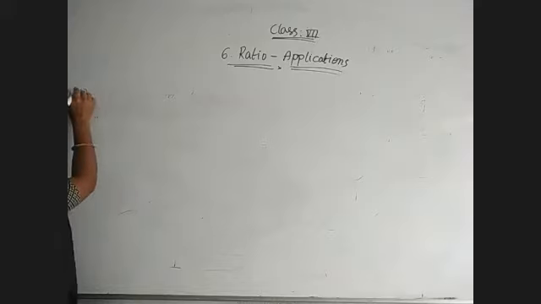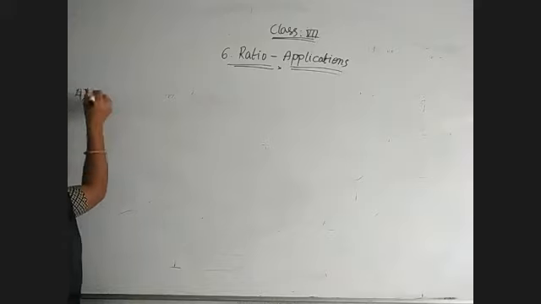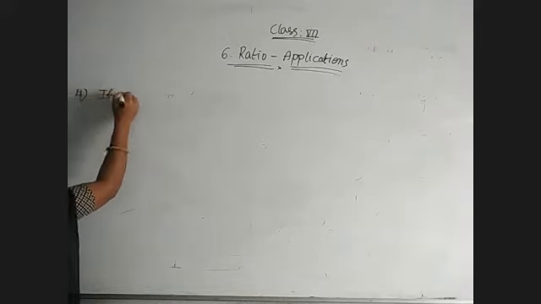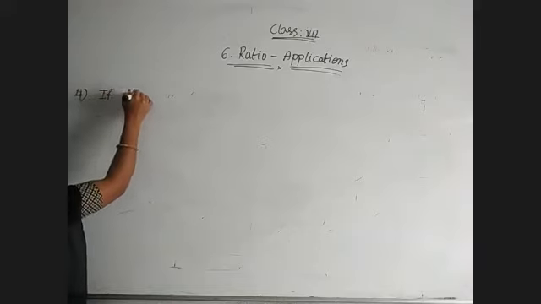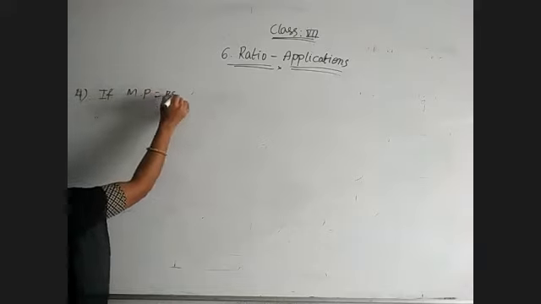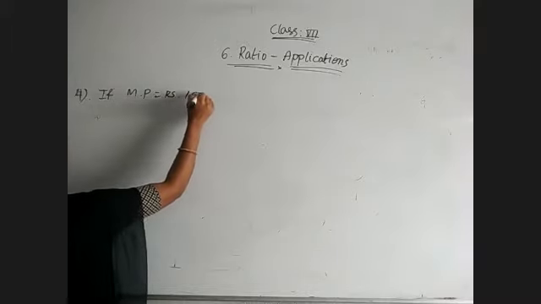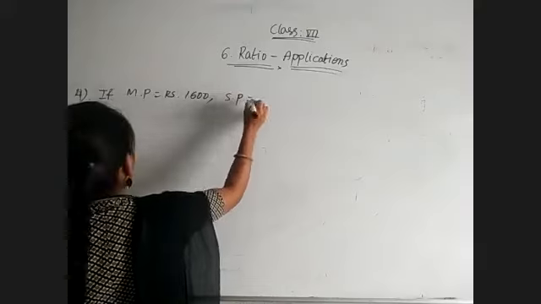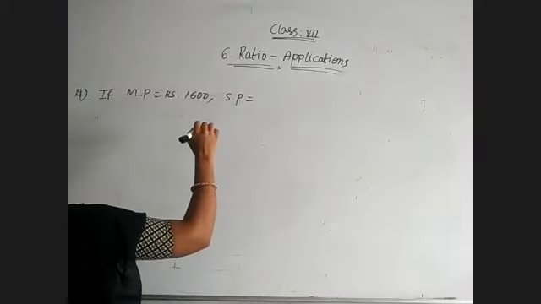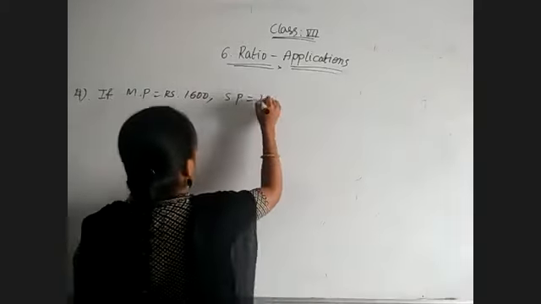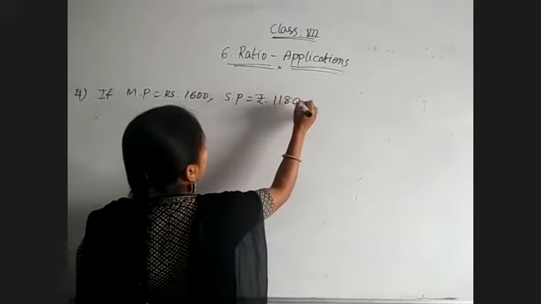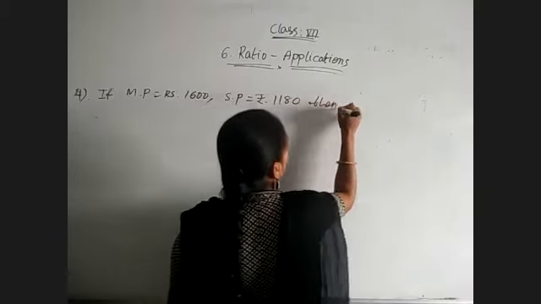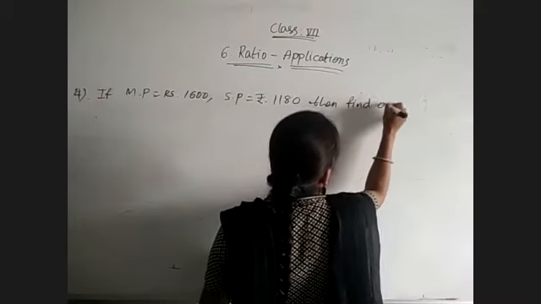So here given like this, if MP equal to 1600 rupees, SP equal to 1180 rupees, then find discount percentage.